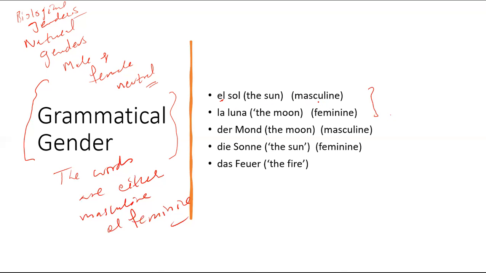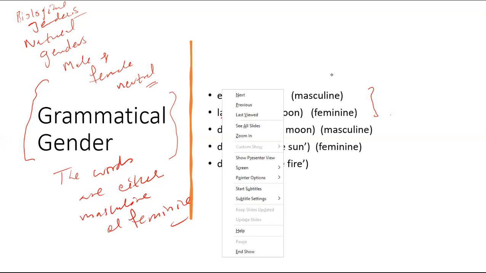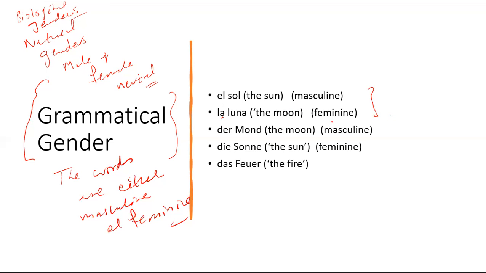On the other hand, in this phrase, "la luna," the moon, this word indicates that the moon is a feminine object.